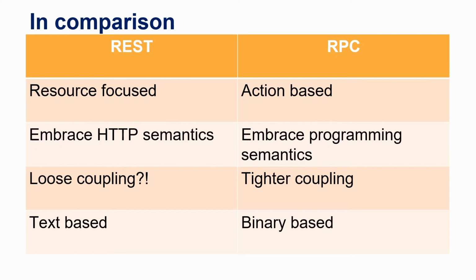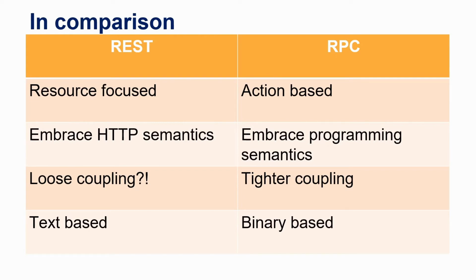You call methods, right? When it comes to coupling in both of the approaches, in REST we tend to see that we have loose coupling. And that depends. In REST, if you decouple the client and the server, then yeah, you have loose coupling.